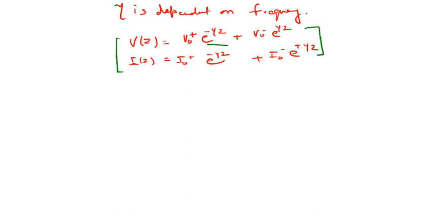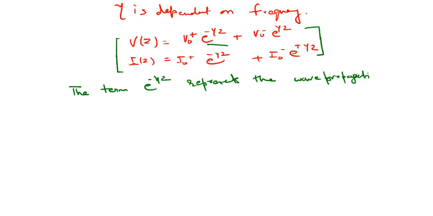The term e raised to the power minus gamma z represents the wave propagation in positive z direction.